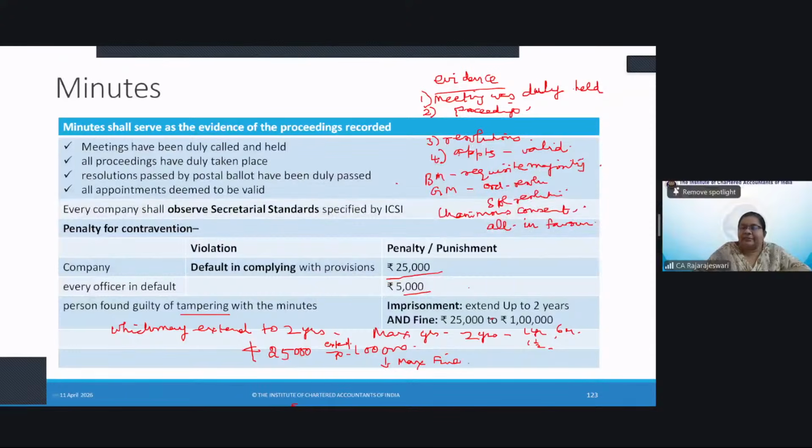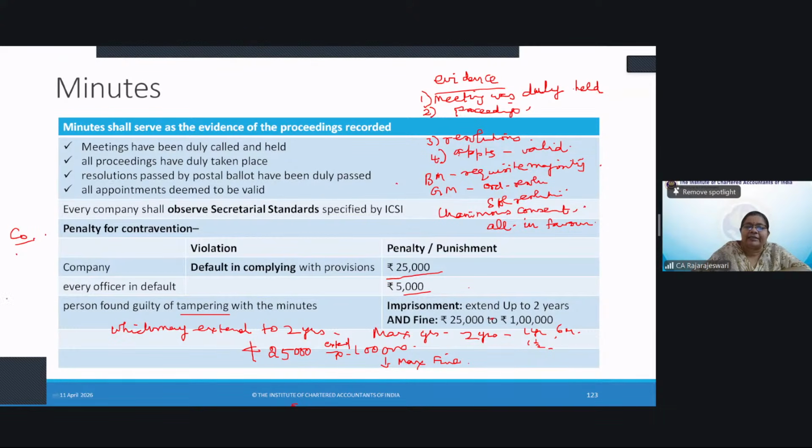Especially with penalty provisions, this is a very important penalty provision. Every company, because the directors alone have access, whoever is the officer of the company, is liable for imprisonment. That's why it should not be tampered with.